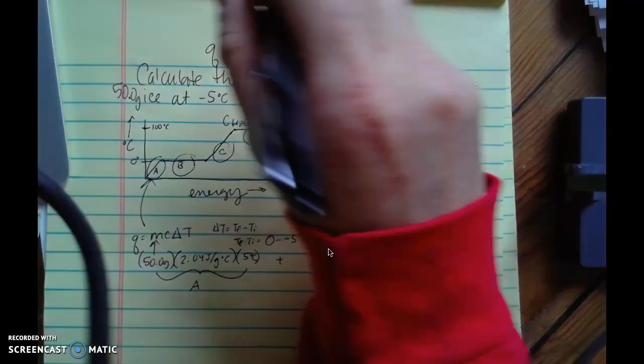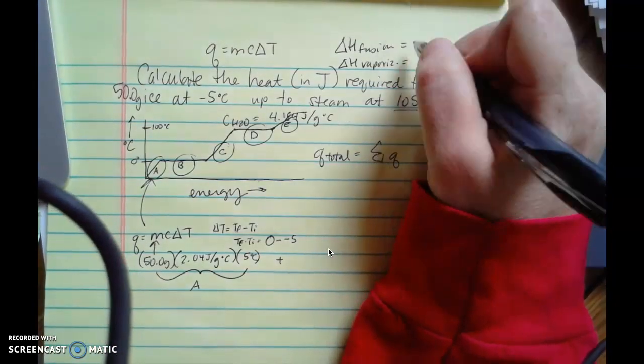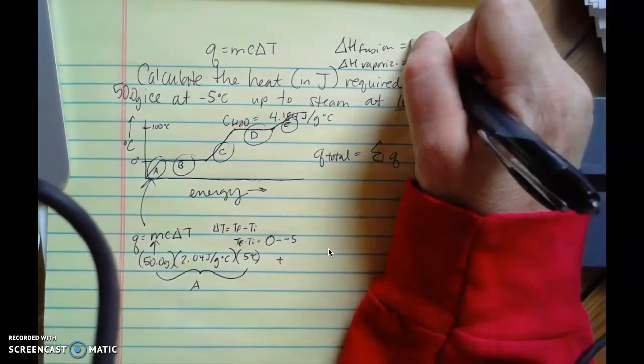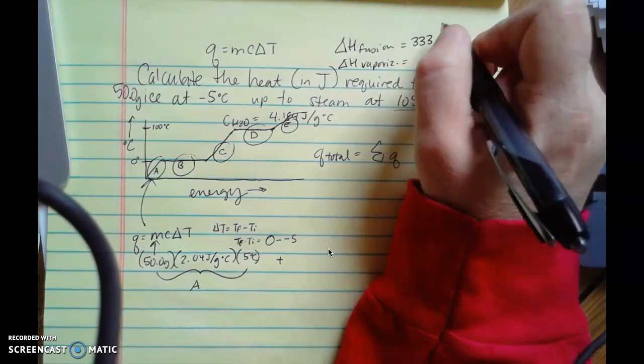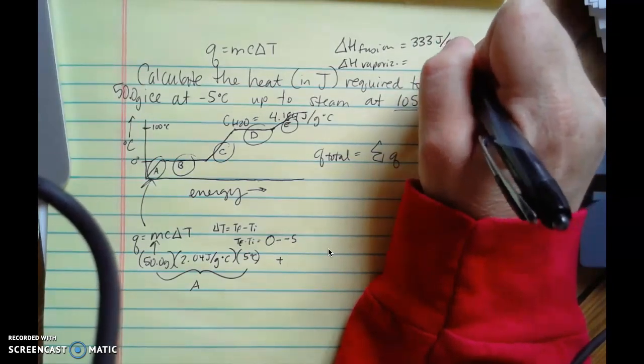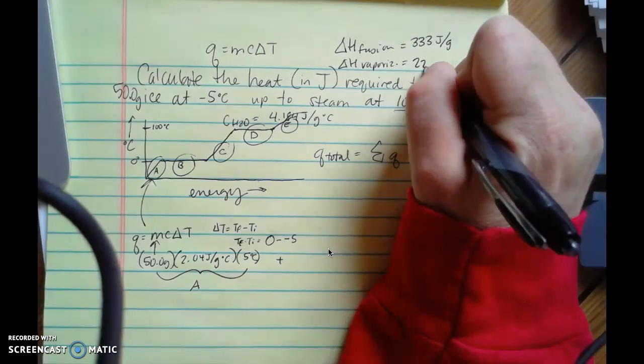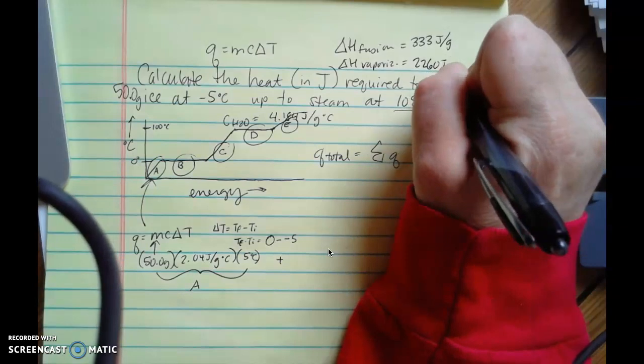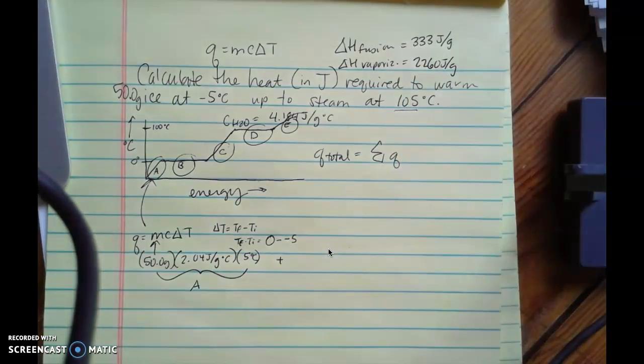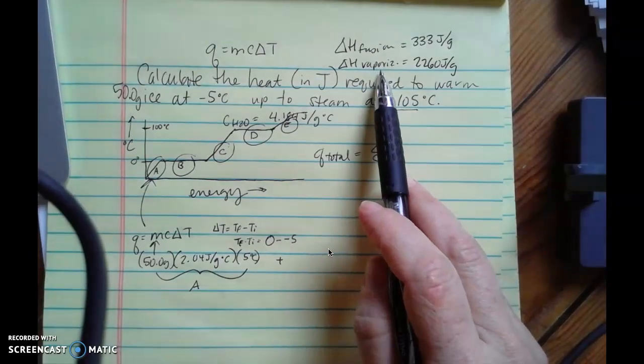So the delta H of fusion of water at 0 degrees, or ice at 0 degrees, the same thing, people, is 333 joules per gram. And then for boiling, it takes a lot more energy input, 2,260 joules per gram to convert it from liquid water into steam.